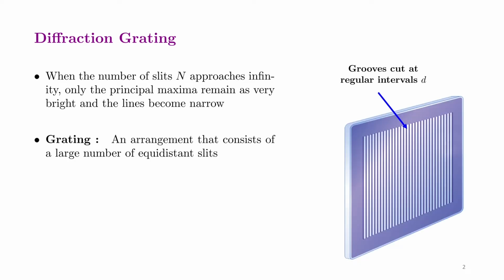A grating is an arrangement that consists of a large number of equidistant slits, as you see in this figure. The grooves in the grating are cut at regular intervals d.